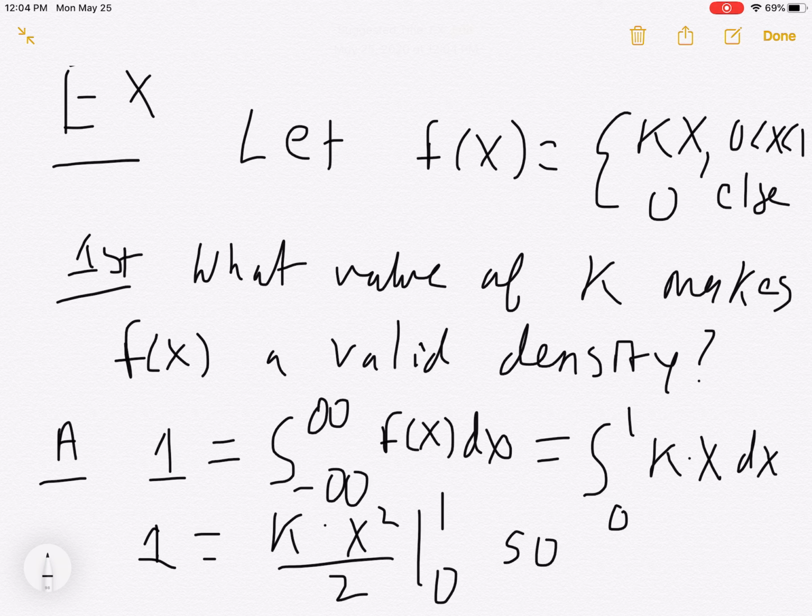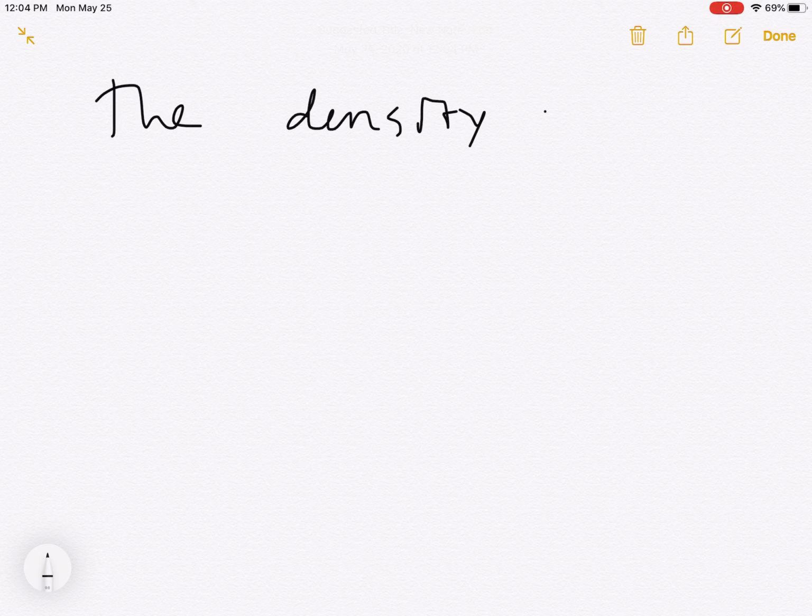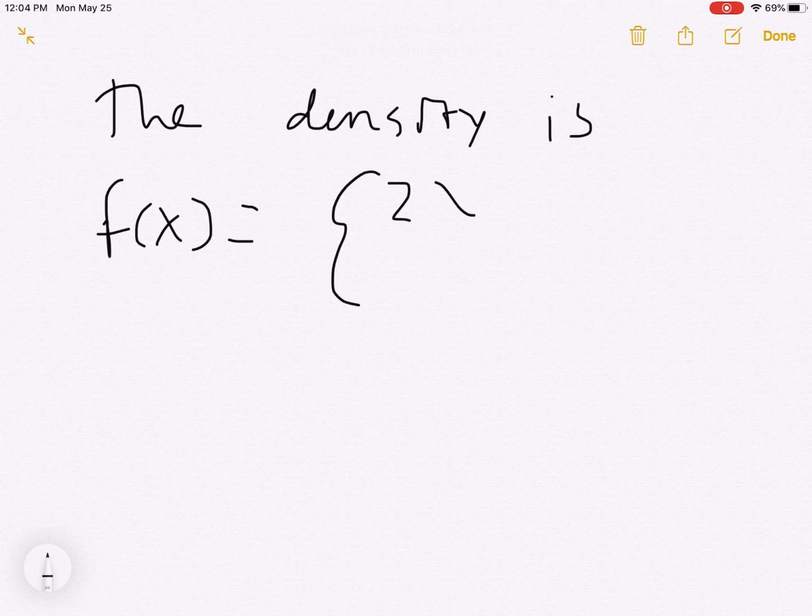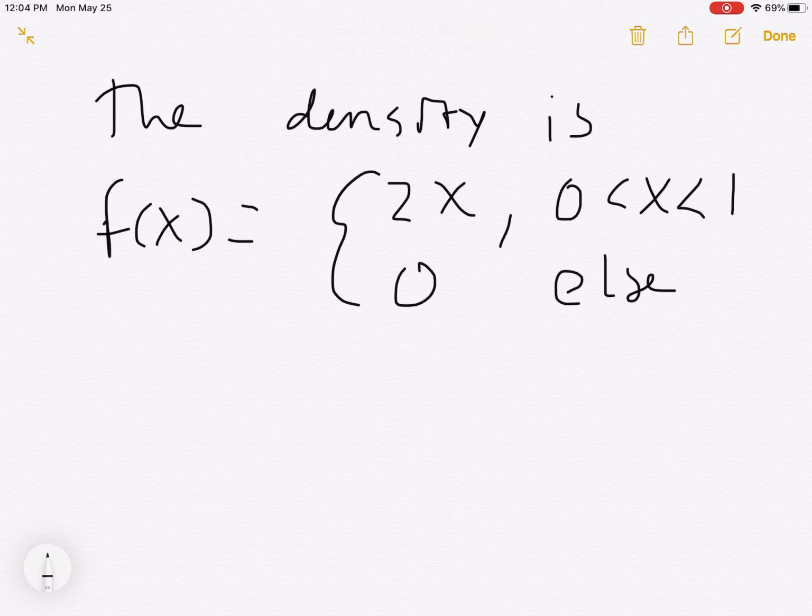So when we do that evaluation, k is going to be equal to 2. Okay. So the density is f of x equals 2x if x is between 0 and 1, and it's 0 else.